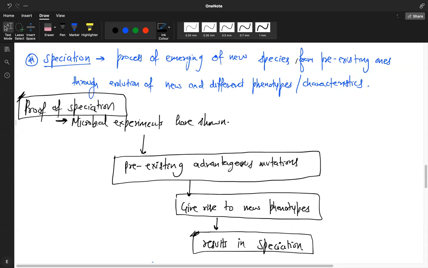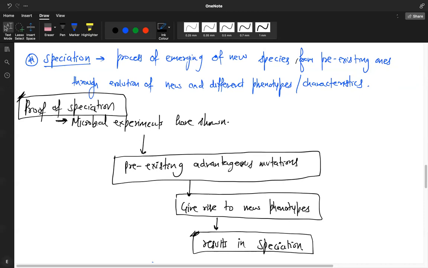For example, during a random mutation, if some microbes happen to have acquired resistance to a particular antibiotic due to a chance mutation, obviously, since it is advantageous, it will get selected by nature, and that microbe will give rise to more individuals, and it will eventually result in a new species.